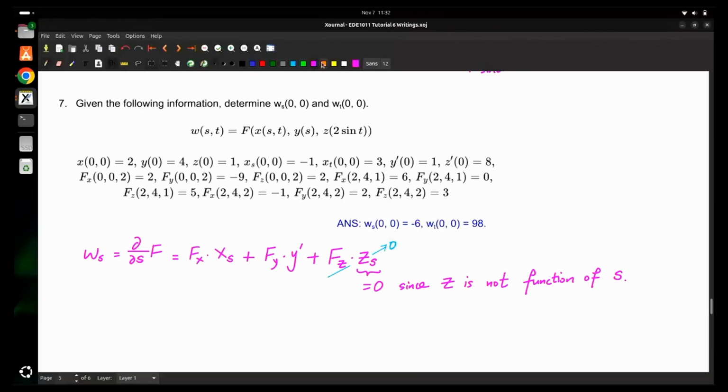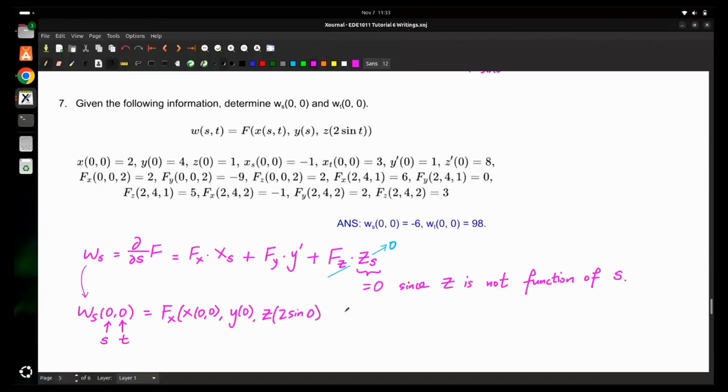Okay, and we now put in the coordinate. Let's put in the coordinate. Okay, so from here, you know that at 0, 0, W sub S at 0, 0. But what is the 0, 0? It's the S and T. This refers to S. This refers to T. So which means F sub X must be F sub X at 0, 0, Y at 0, Z at 2 sine 0.